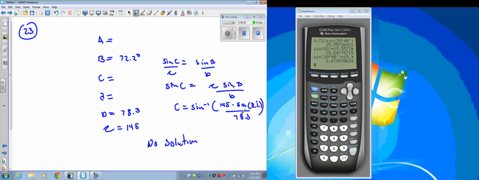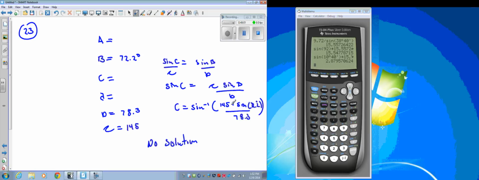That is that first situation where it says the sine of b is greater than 1. So if you get a number inside here that's greater than 1, you can't do a sine inverse of it. And then if you do have it less than 1, then it can be either the third or fourth situation.